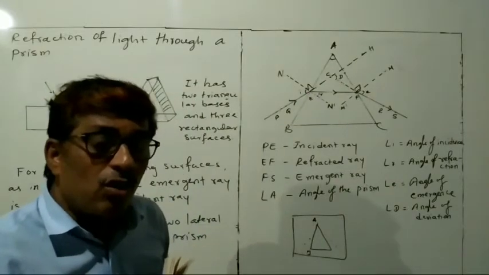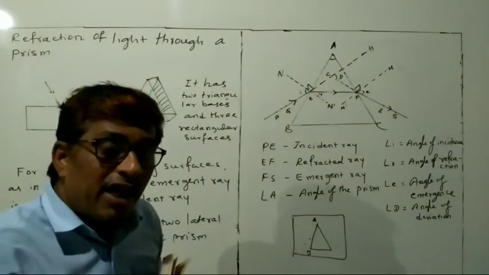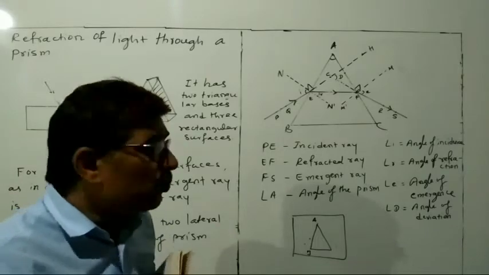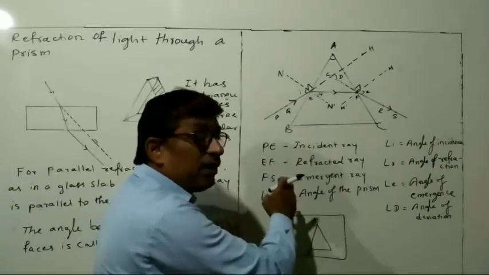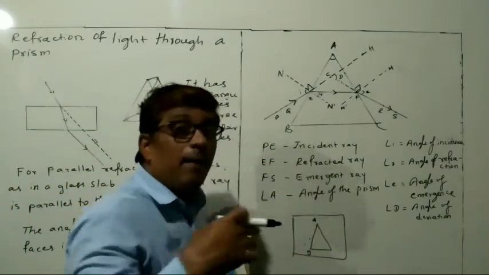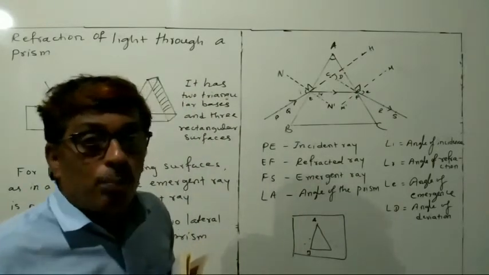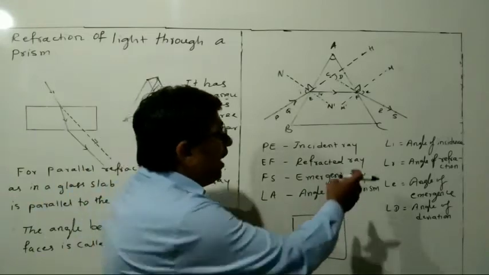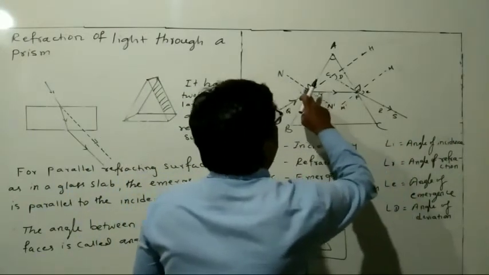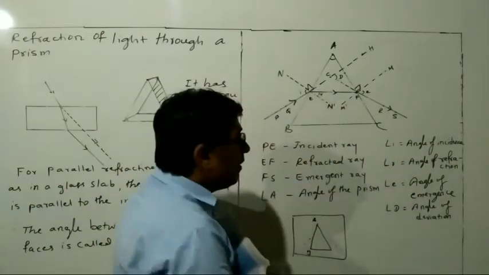So dear students, these are also important. Carefully look at which one is the incident ray, which one is the refracted ray, which one is the emergent ray, and which one is the angle of prism. Angle I is the angle of incidence.